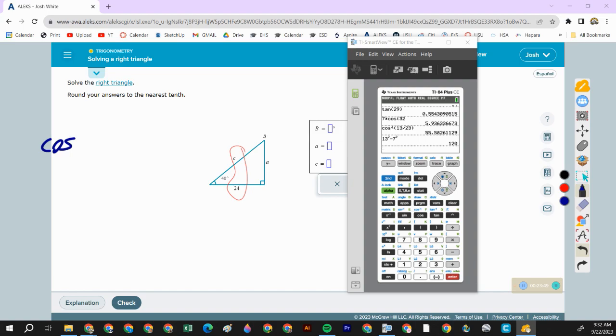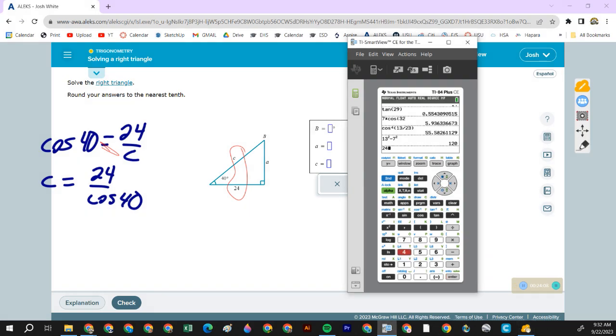So the cosine of 40 is 24 over C. Is that a multiply or a switch problem? Switch. Good. So we switch those. C equals 24 over the cosine of 40. So over here, 24 divided by the cosine of 40. And I get, to the nearest tenth, 31.3.